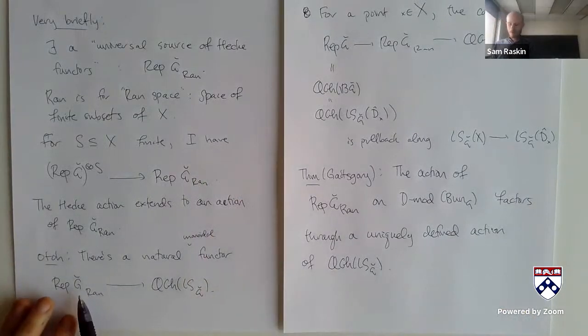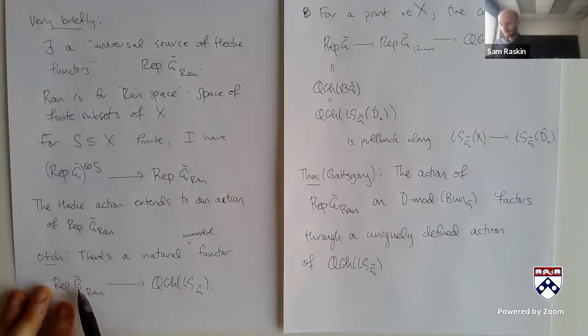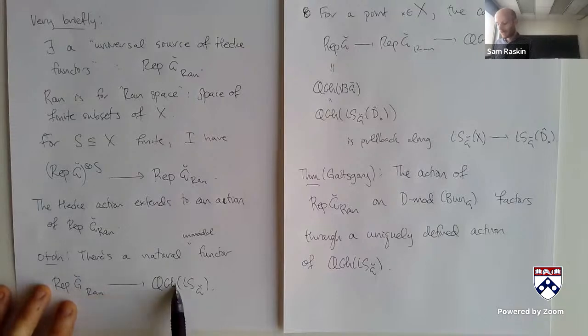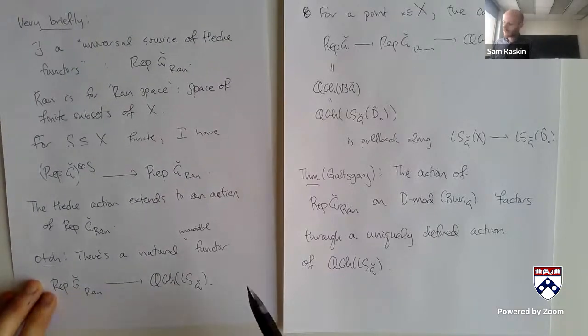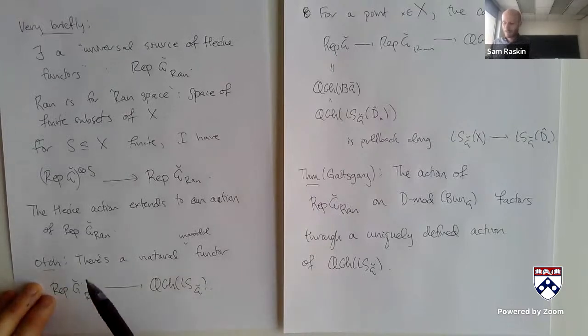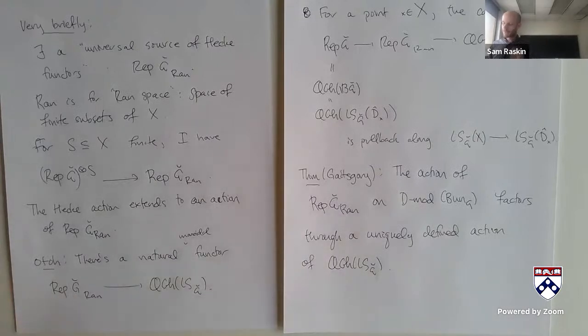In other words, here I have some algebra, some other algebra, and a map between them. You should think of this map as being surjective, if you were thinking in terms of algebras. We also have some module for this algebra, this category of D modules. I'm saying that the action factors, a non-trivial assertion, but it's very much in the spirit of the Langlands conjectures.